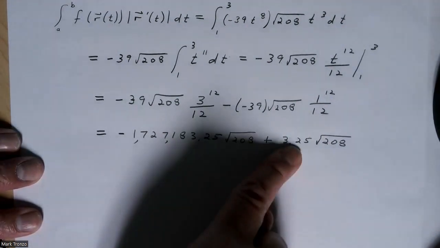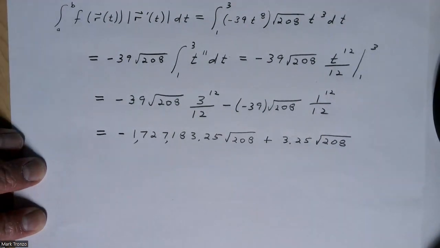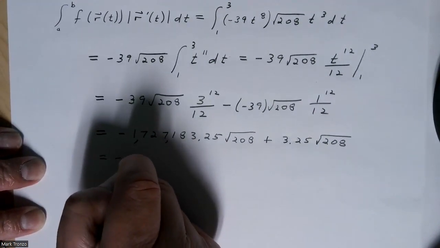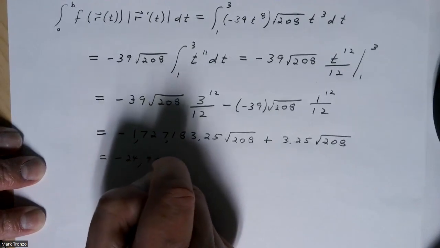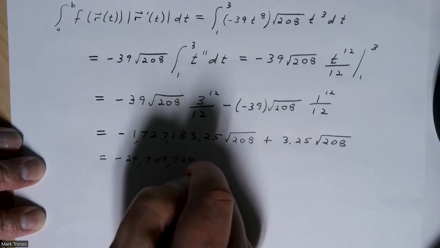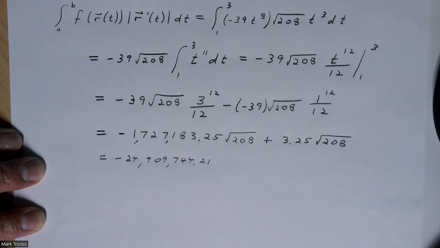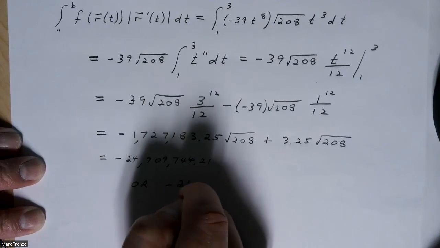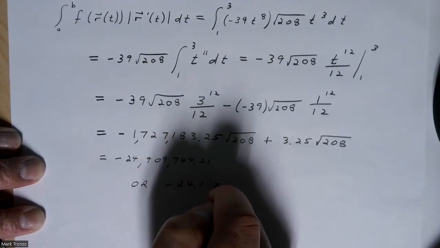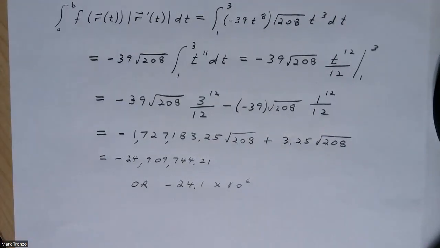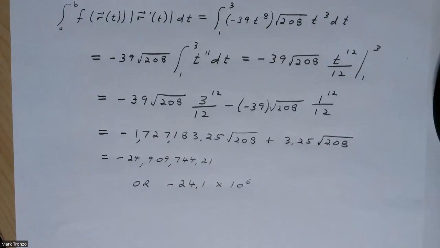And then finally, when you multiply this out, you get negative 24,909,744.21, like this, or negative 24.1 times 10 to the 6 would be a simpler way to represent that. And so that's the line integral.